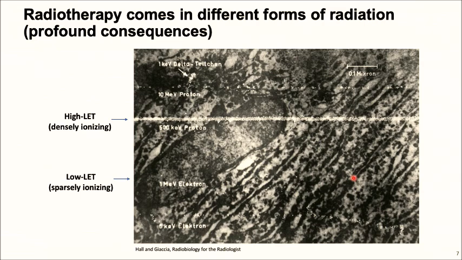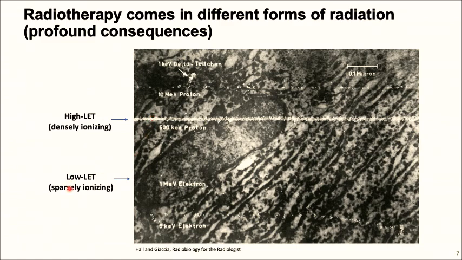Now to put this into the context of the size of a cell, this is a micrograph of a cell, where you can see the cell nucleus here. And these are radiation tracks. In this one here that's high LET, the dots are the energy deposition, and they are very compact, very close to each other, so the ionization density is really high.